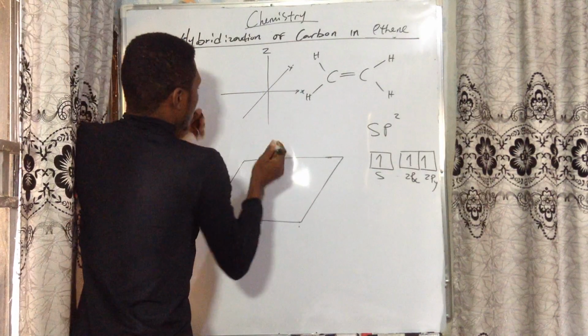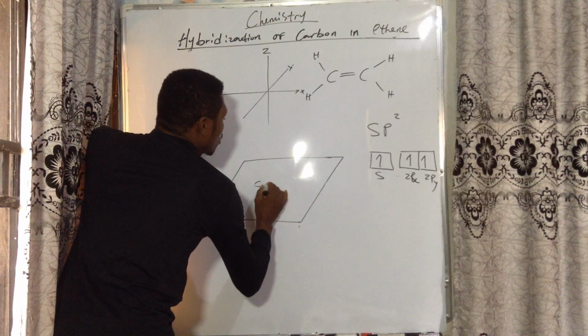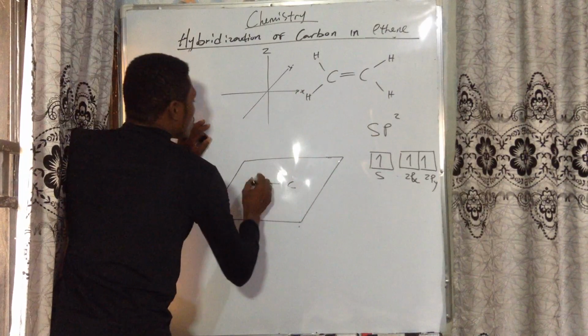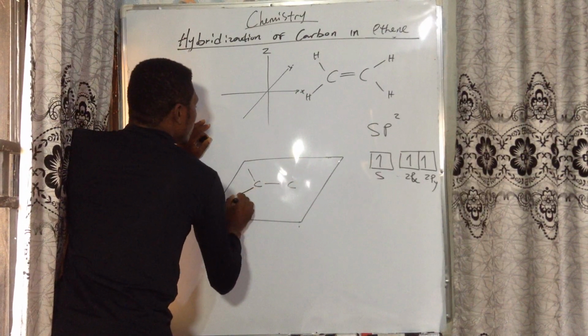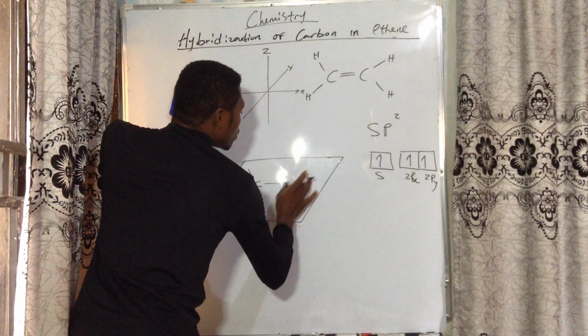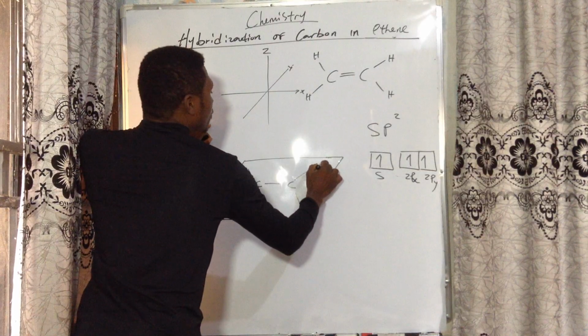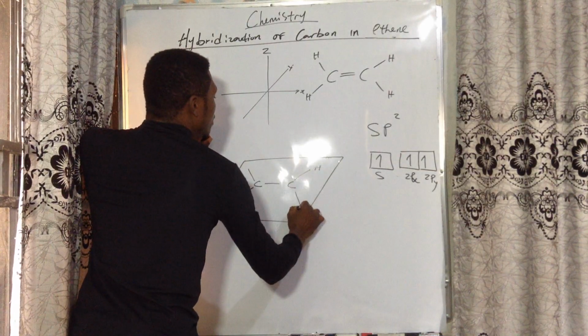Now see one carbon, see the other carbon. So this is the sp2 hybrid orbital bonding to this other carbon's sp2 hybrid orbital, along this plane.